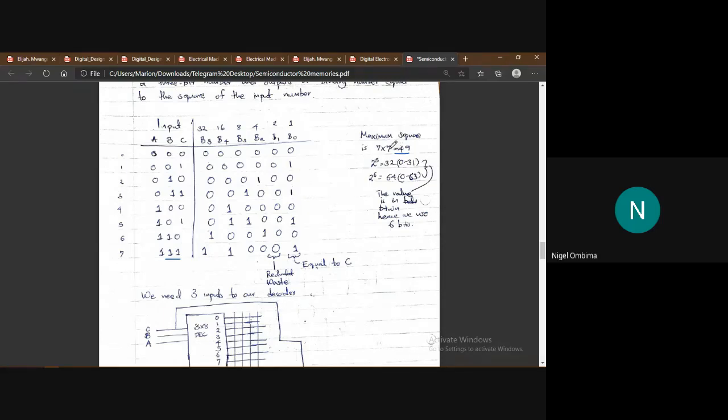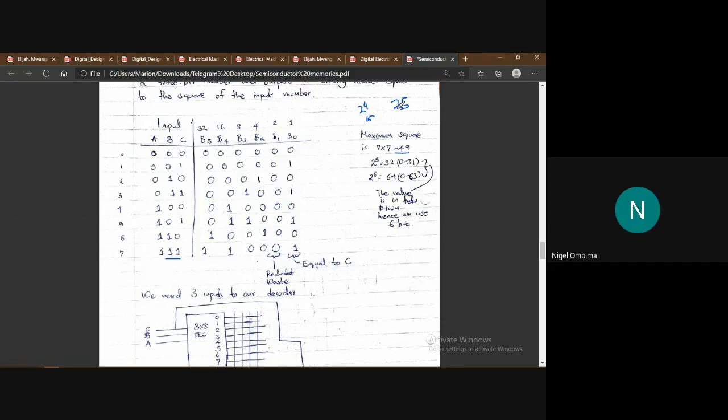Say our maximum square was 5 by 5, which is 25. We would be using 2 power 4, which is 16. So this gives us 0 to 15.